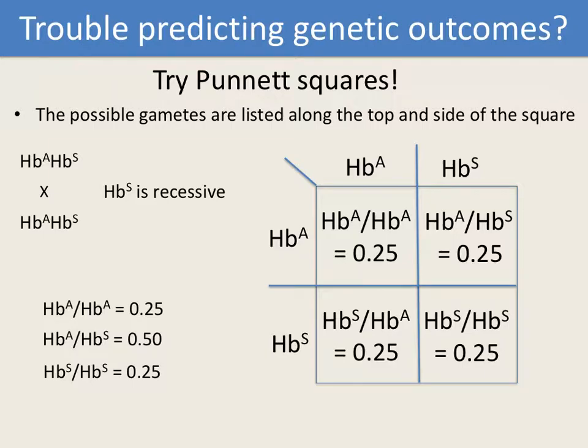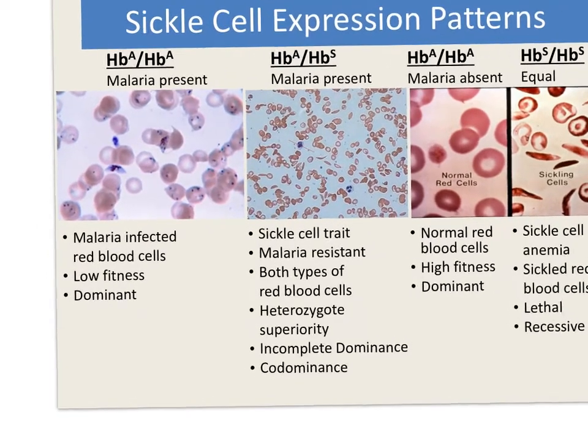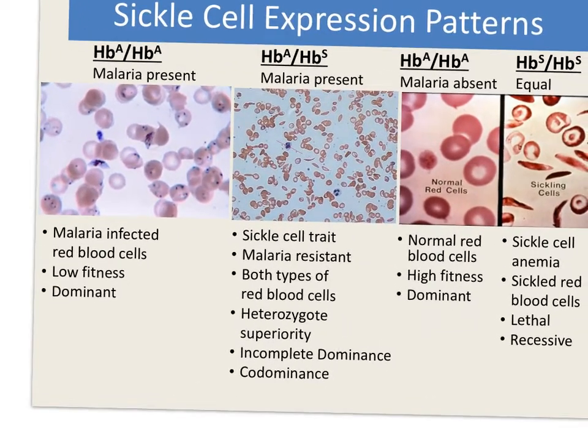We already did this one. Okay. And then to make things even worse for you, I've been telling you that sickle cell anemia is dominant and recessive, but it's heterozygote superiority.